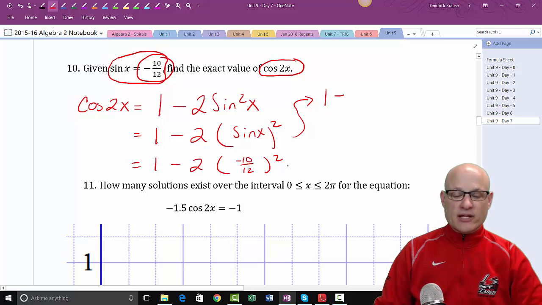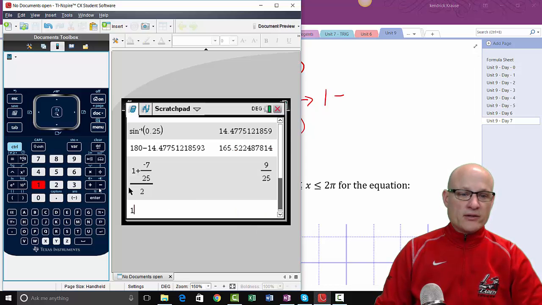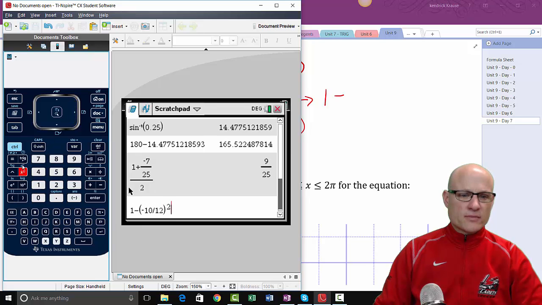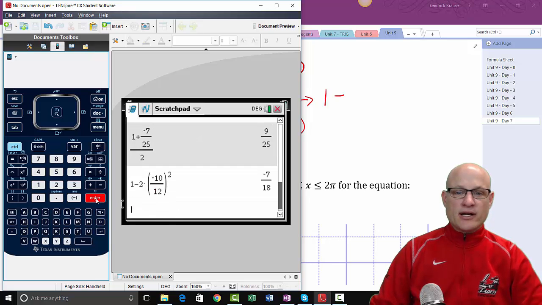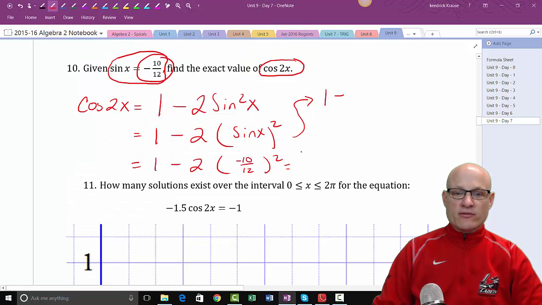So that's the thing I'm going to type in my calculator. 1 minus 2, parentheses, -10 divided by 12, out of the parentheses. You'll see squared. I forgot the 2. 1 minus 2 times that thing squared. Enter. -7 over 18. Almost forgot the 2. That would have been bad.